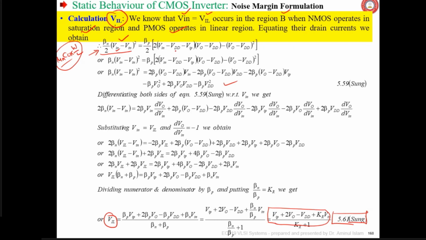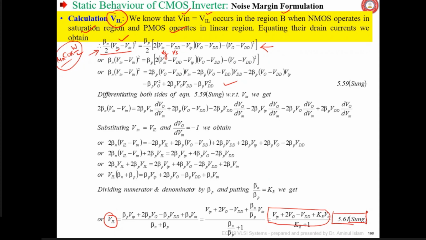Beta is written. Here you see, this is the linear region equation of P MOSFET. This is VG. Okay, this is VS. Source voltage is VDD.